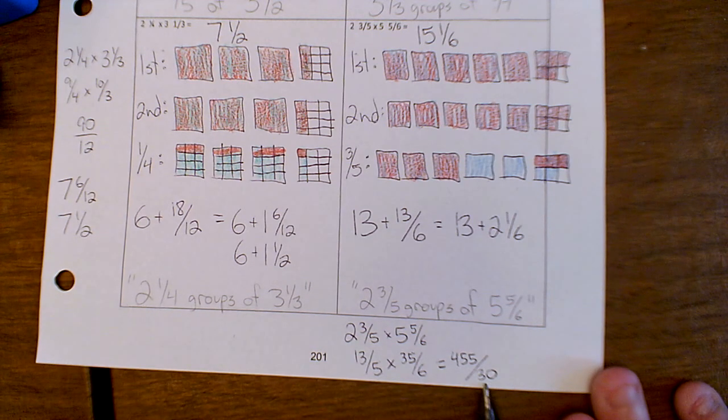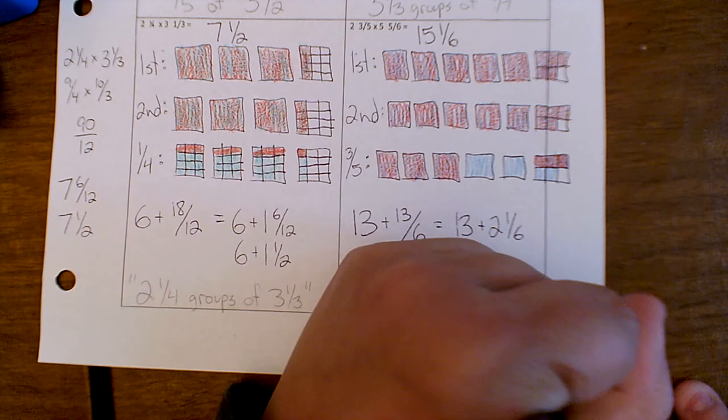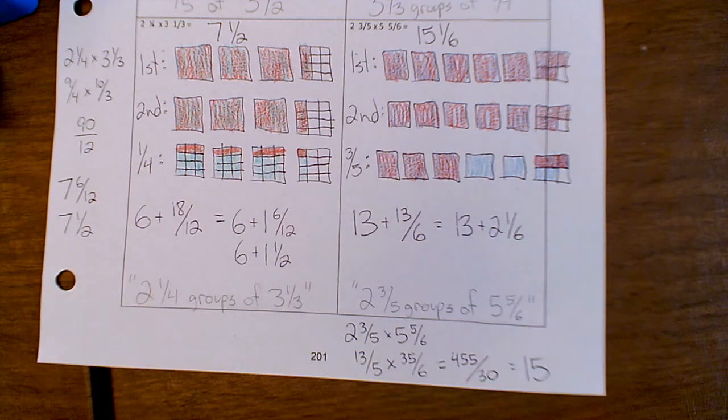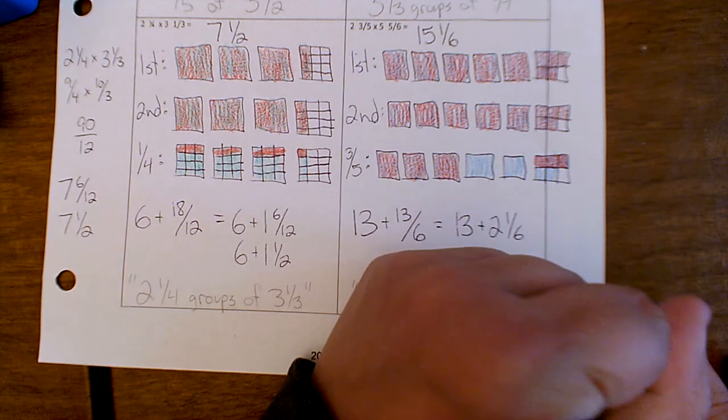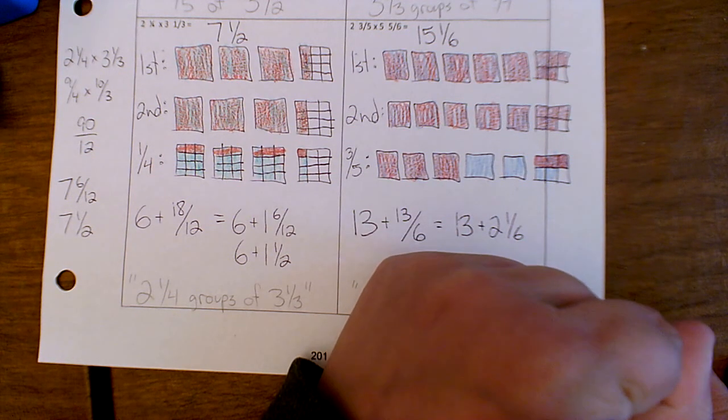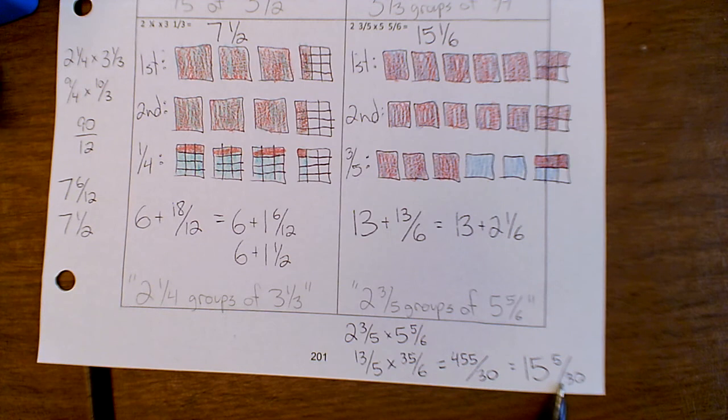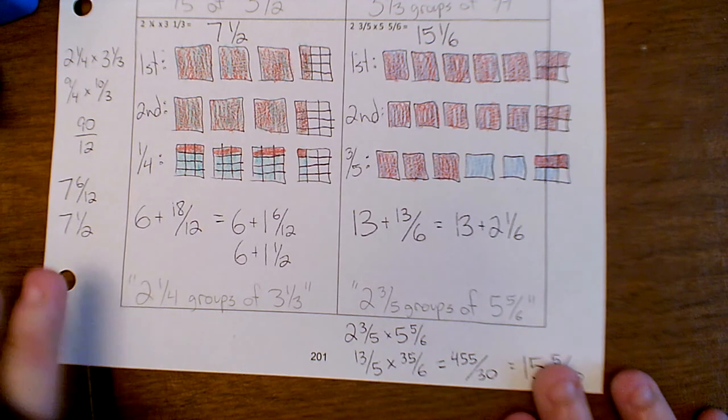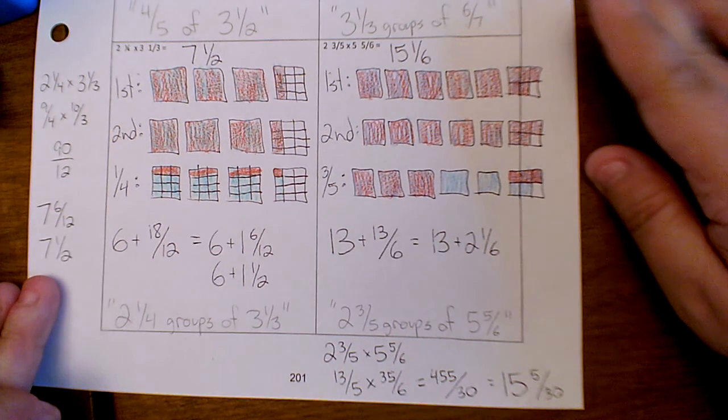So then if you reduce that, how many times does 30 go into 455? That should be 15. And let's see, that should make 450. So then you would be left with 5 thirtieths, which reduces down to be a sixth. Okay.